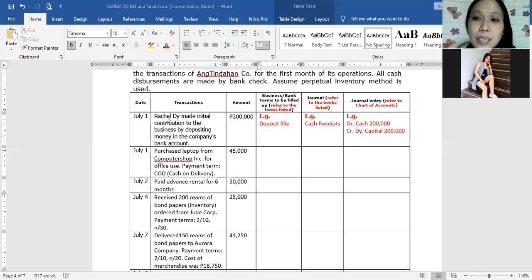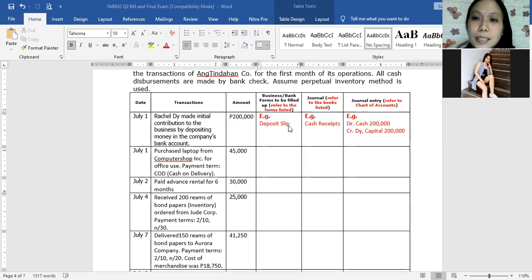Okay, so Rachel D is one of the owners, making the initial contribution to the business. He deposits the money to the company's bank account. The amount is 200,000. So what will he prepare? Since he will be depositing it to the bank, he needs to prepare a deposit slip.